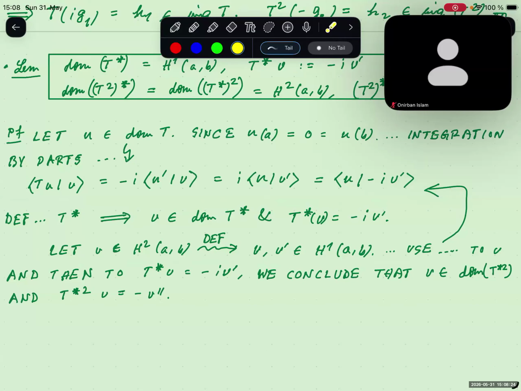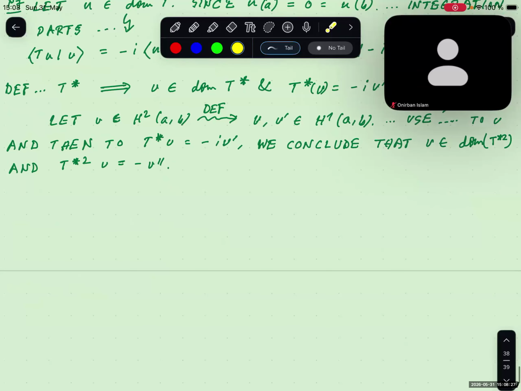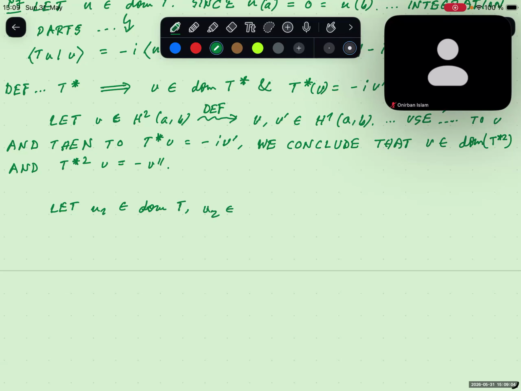All right. So let us continue. Let u1 be an element of the domain of T, and u2 an element in the domain of T squared.